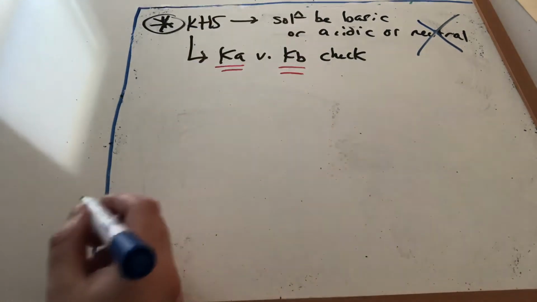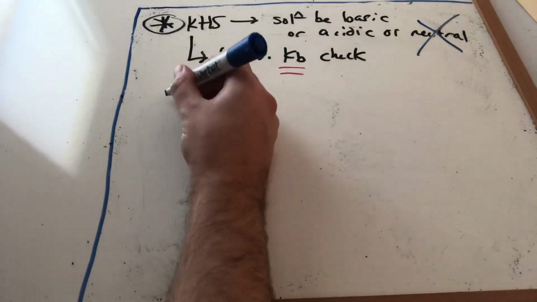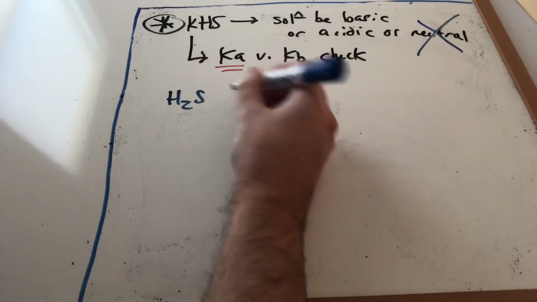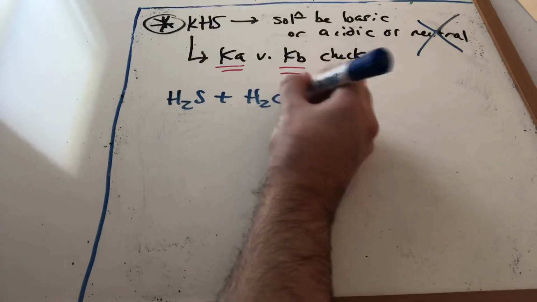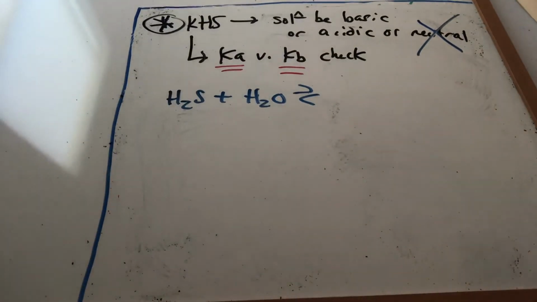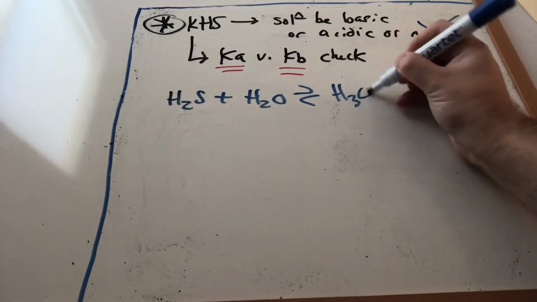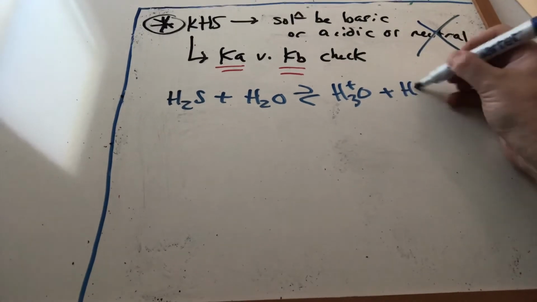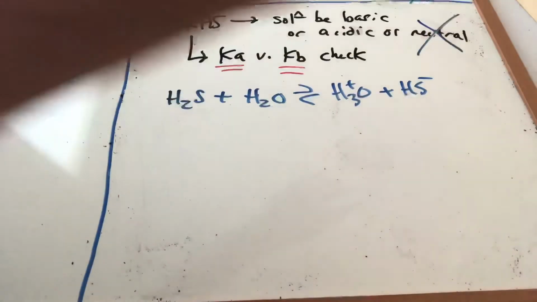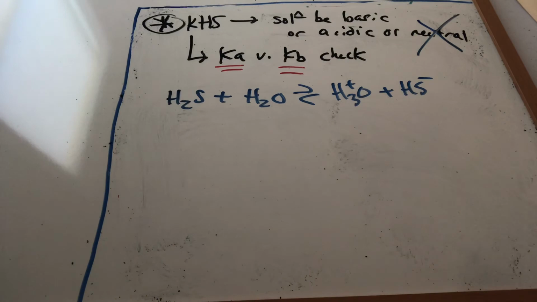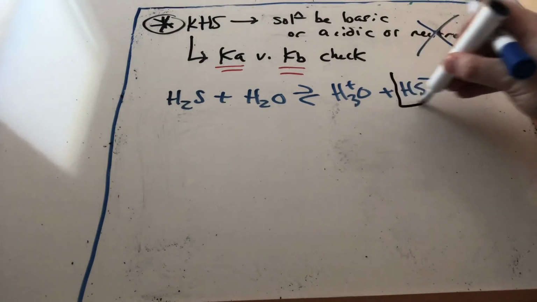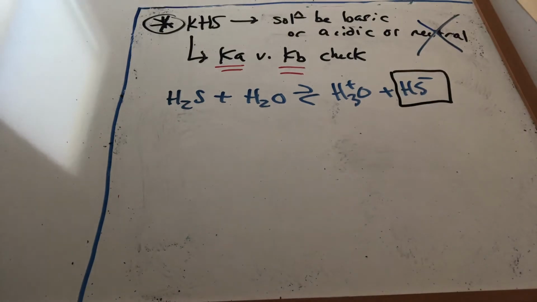I know that HS minus, which is the thing I'm really analyzing, comes from the reaction H2S + H2O gives me H3O+ + HS minus. I know with this reaction, right, H2S shows up as a base. It shows up as a base.